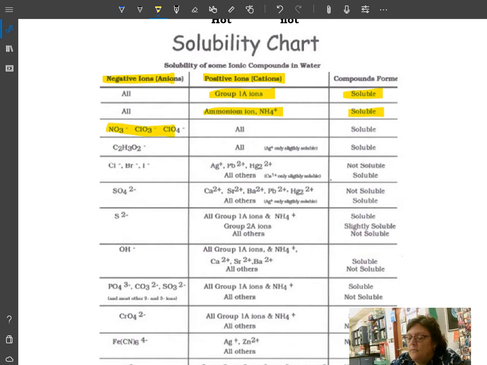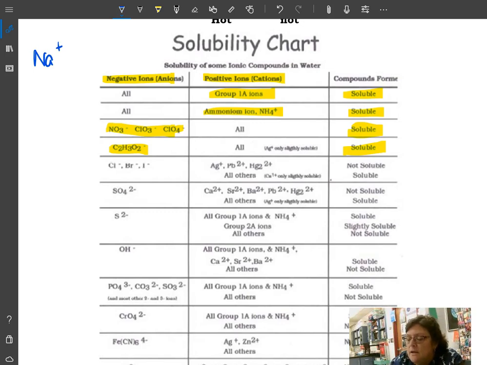Anything that is bonded with nitrate, chlorate, or perchlorate is always going to be soluble. And acetate is almost always soluble. Silver might have a small precipitate in it. What does that mean? Well, if you have a compound that starts with Na, it's going to dissolve in water.